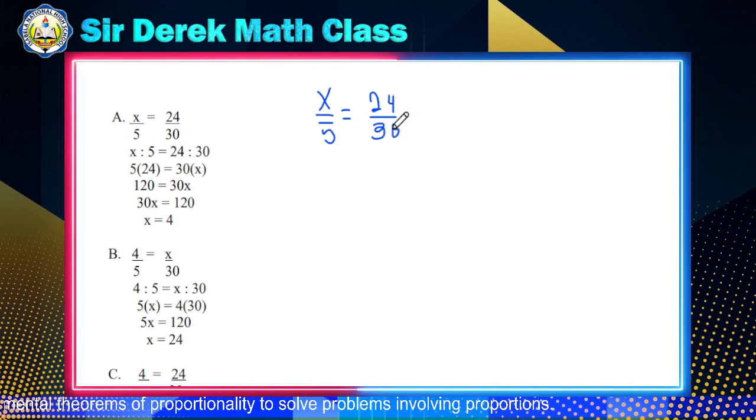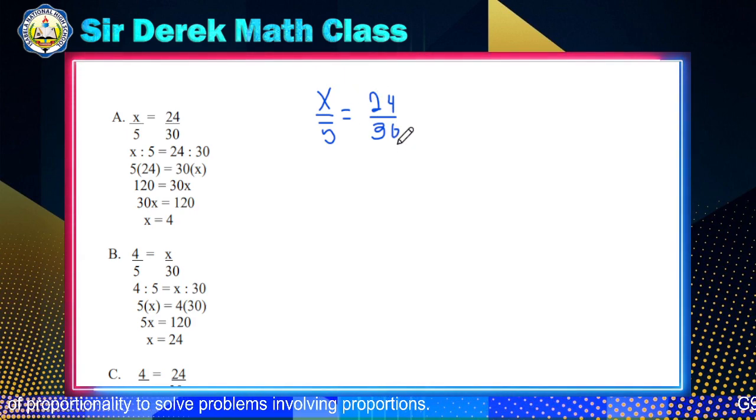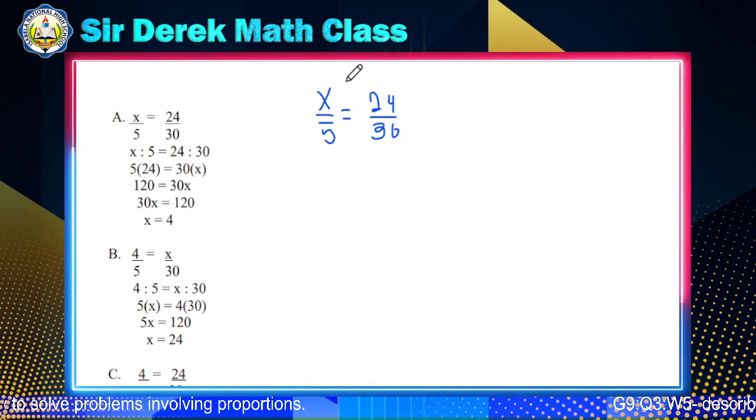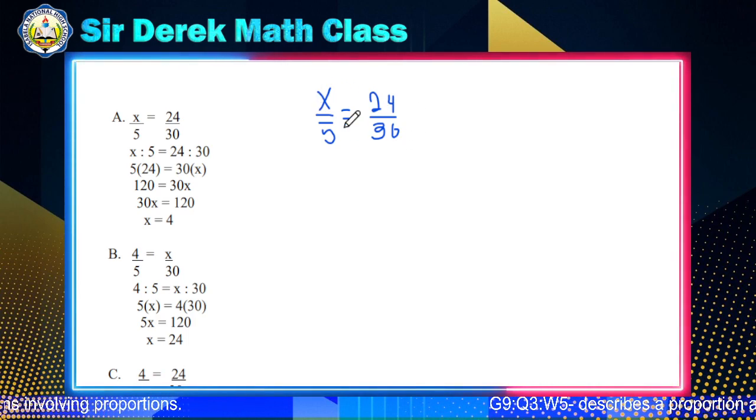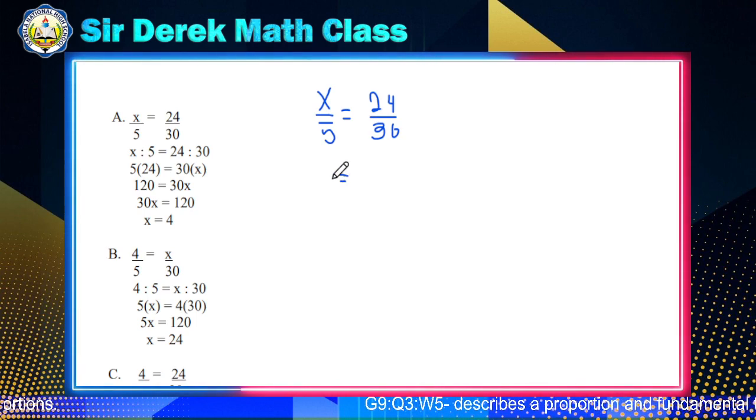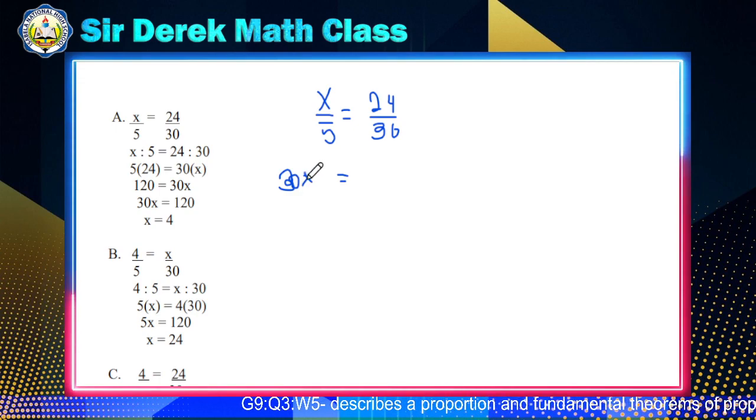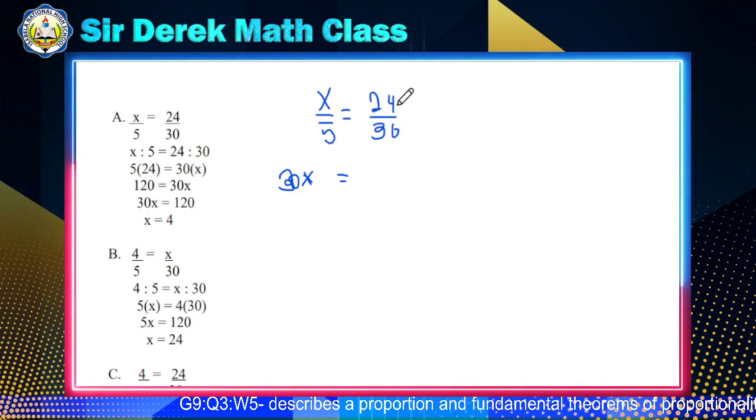So here, what would be the value of x in order for us to form the proportion? Okay, so the first property will be cross multiplication. So let us cross multiply x times 30. So this will be 30x. Take note of that. Then 5 times 24.